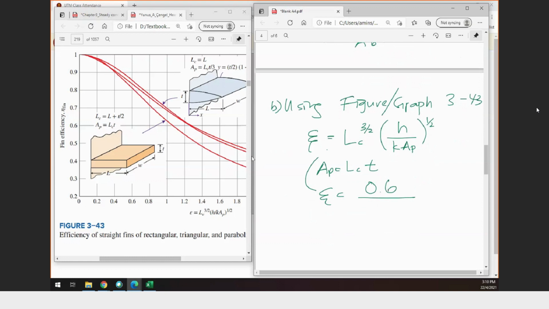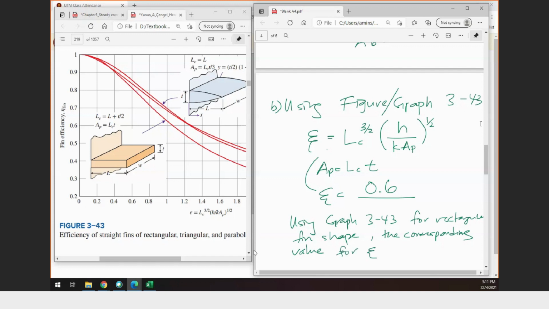Okay, so using graph 3.43 for the rectangular fin shape, the corresponding value for epsilon equal to 0.6.